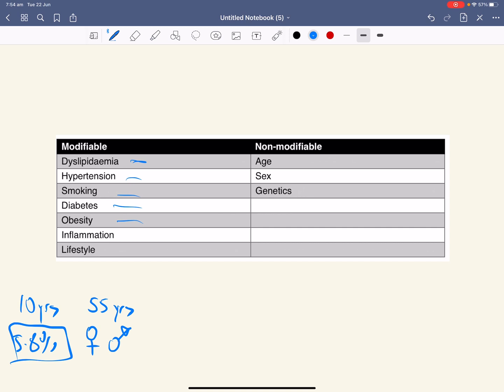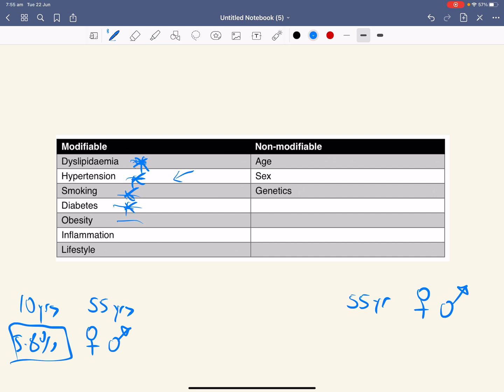Now, what about if you start lumping some risk factors on? Again, a 55-year-old person, and it doesn't really matter about sex at this point, male and female are the same. Now, if you were to have hypertension, and dyslipidemia, so a low HDL and a raised LDL, and you had type 2 diabetes, you smoked, and just to add one more thing, not so much atherosclerosis but a side effect of hypertension, your heart was hypertrophied, oversized.